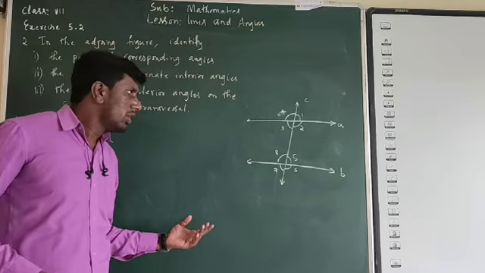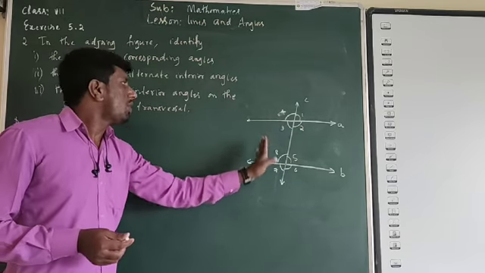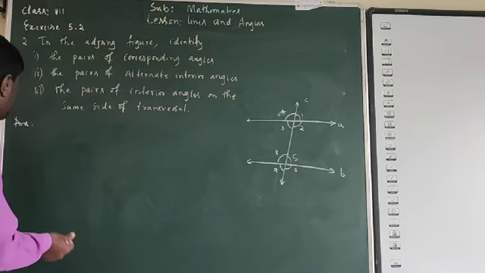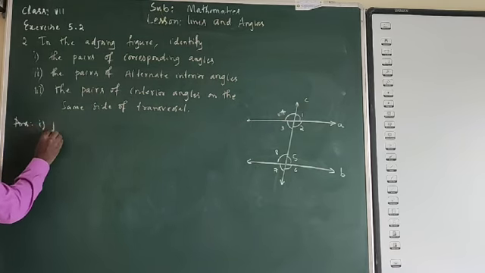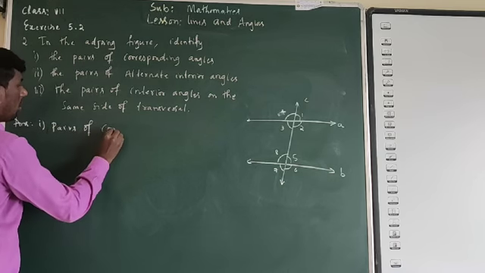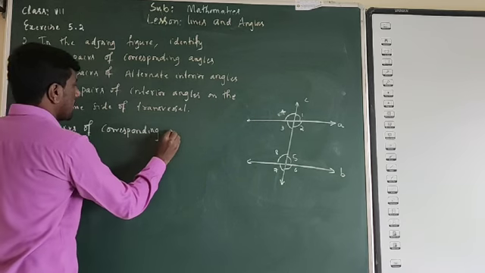What we have learned, we just need to list out, with respect to this adjoining figure. The first one, pairs of corresponding angles. Let me find out the corresponding angles now.